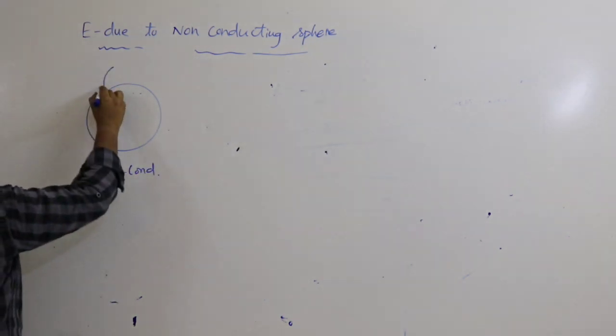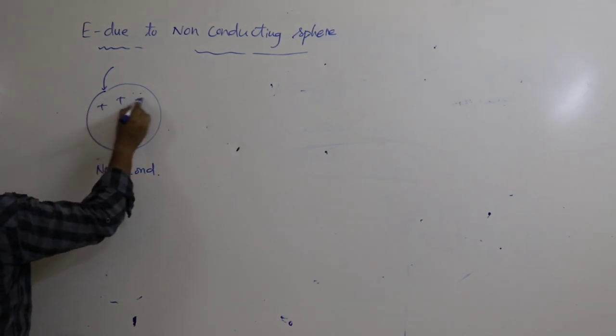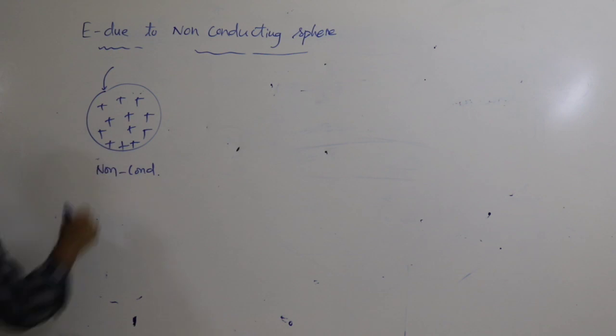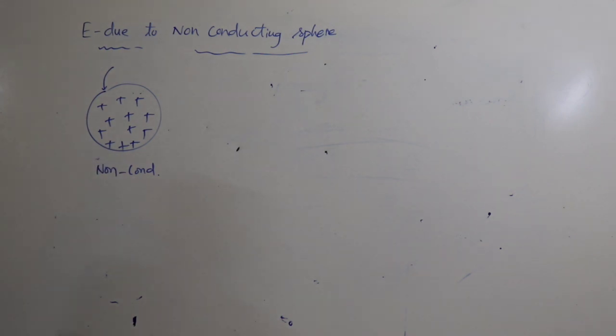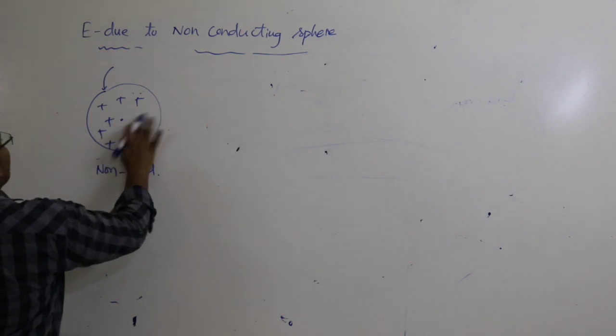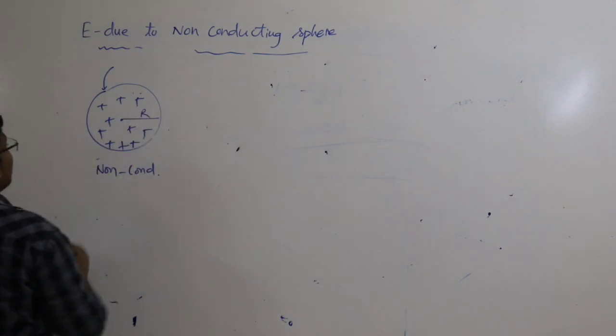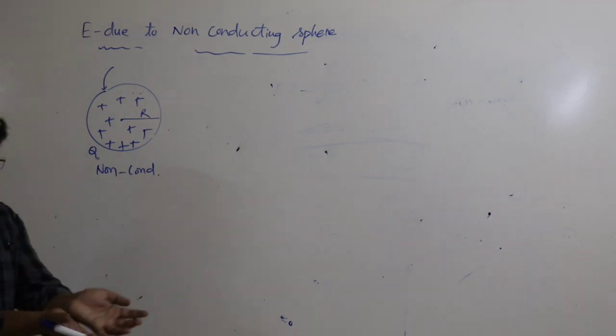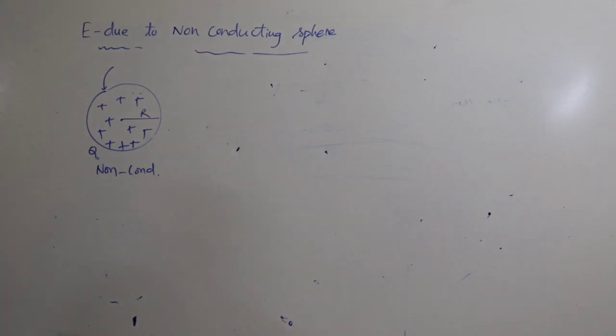If I give some charge q, it will distribute uniformly inside the volume, right? This is the center, and this is the radius r, and charge q has been given for the entire volume.